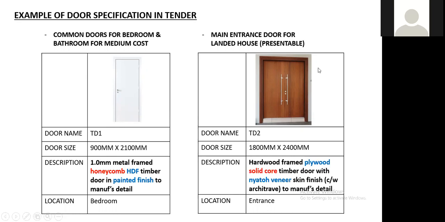This one will come with architrave. In this photo I just put in architrave, manufacturer's detail. So it's best that our description has these three elements: the skin, infill, and also the finishes.